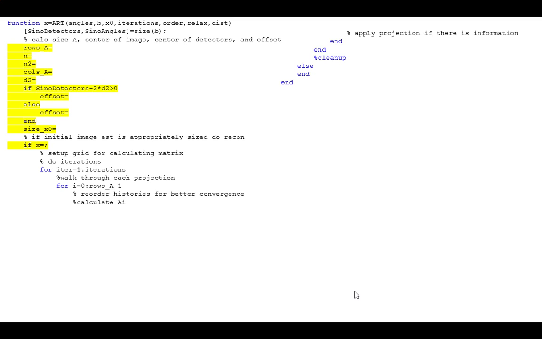In general, we often assume square images, because if you don't, somebody's got to give you extra information, like an aspect ratio. So we'll assume square. Do you remember how we calculated it?